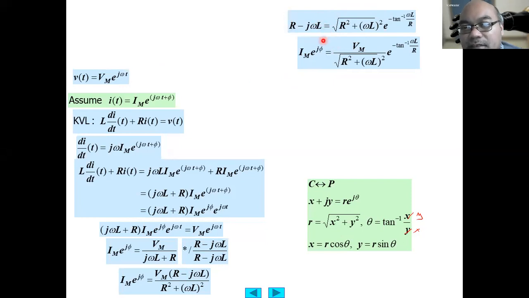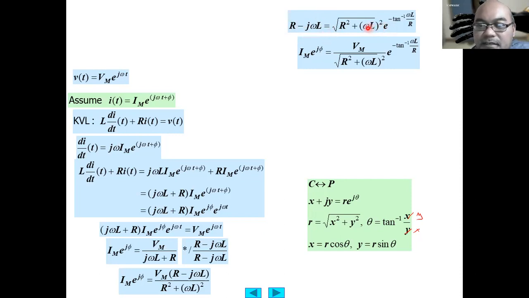This is x plus jy, re-expressed as r exponent the phase. The phase phi equals arctangent of omega L divided by R. The radius, or the magnitude, is the square root of R squared plus omega L squared. Okay, from Euler's identity.